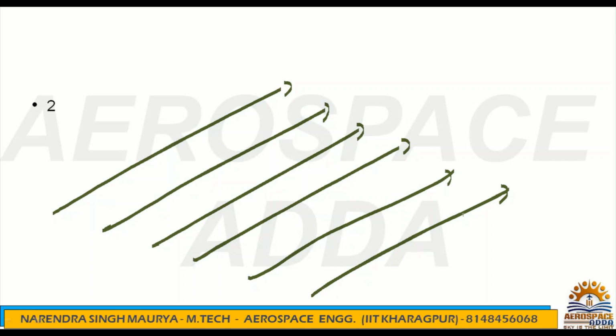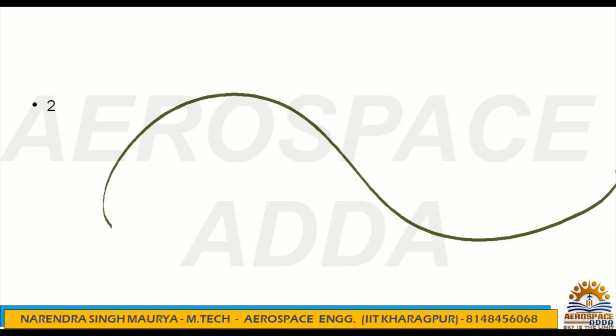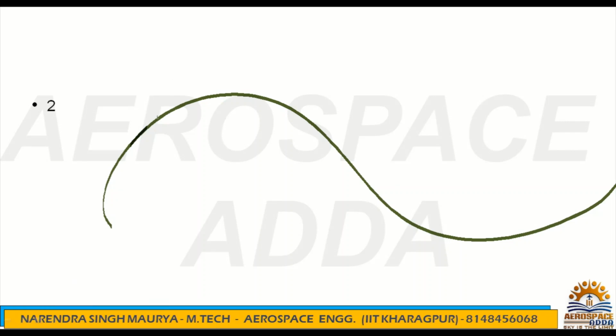If you draw any curve, as I told you many times, and draw the tangent on this curve, that tangent will be the velocity vector. Tangent on the curve is nothing but a velocity vector. So whatever the direction of the flow we have, that is nothing but streamline.